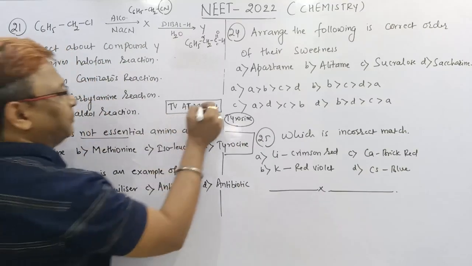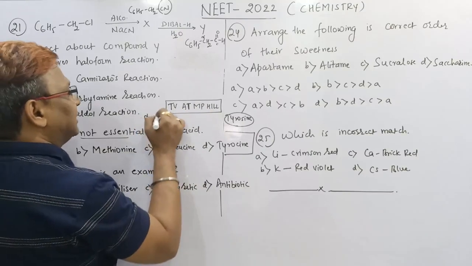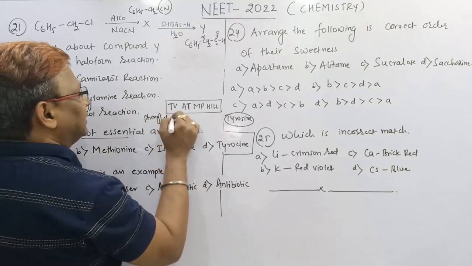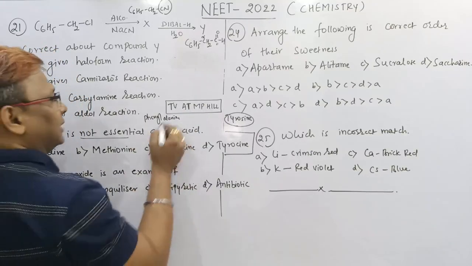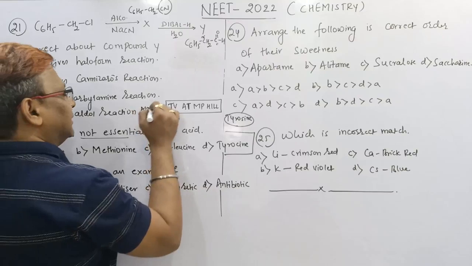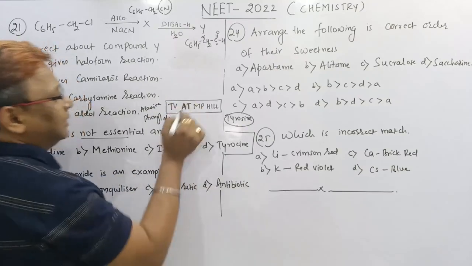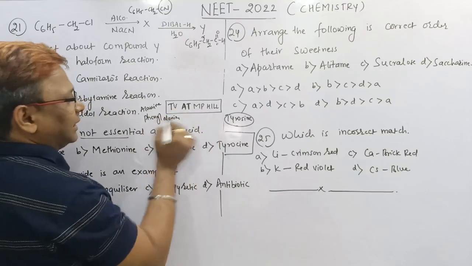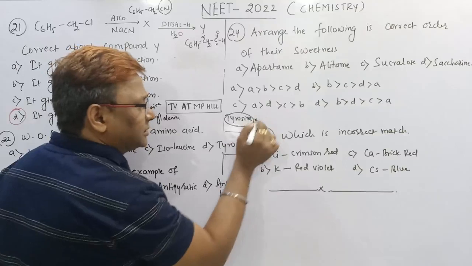In the same way, beta, P is there. Which P? You should say, sir, phenylalanine is the essential amino acid P. And one more, beta: alanine is the essential amino acid. See, A is alanine, P is phenylalanine, and for T, tyrosine is not essential.